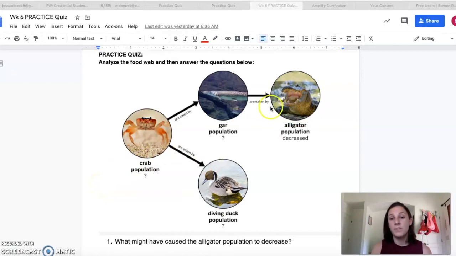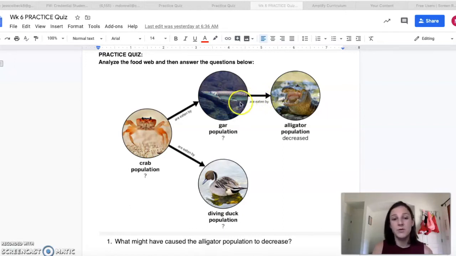So we know that it's telling us that the alligator population decreased. Also from this we can tell who eats what, right? We know that the alligator eats the gar population because the energy from the gar is going to the alligators, shown by this arrow right here.